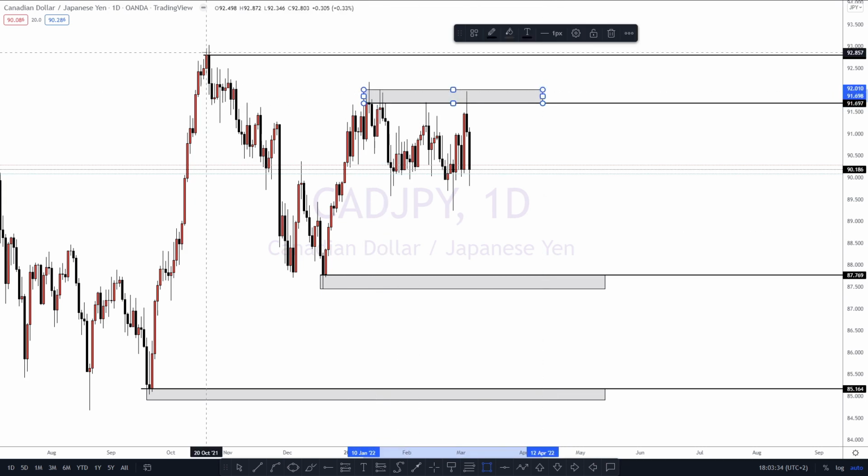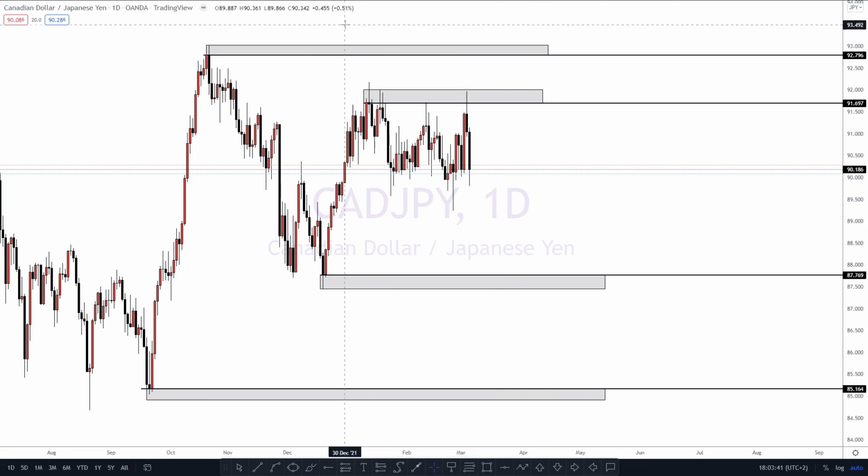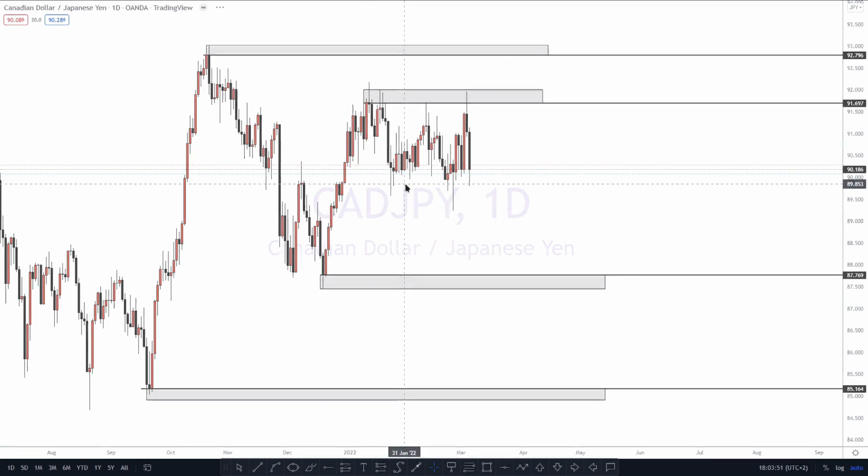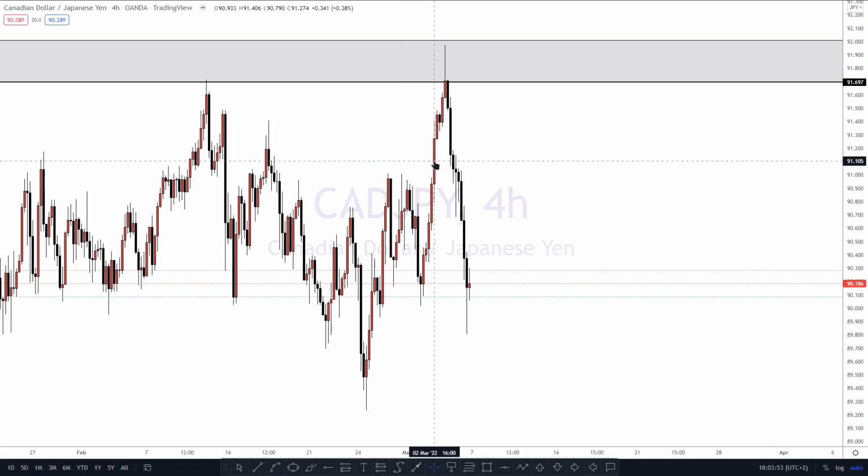But to a certain extent, the more a level is rejected, it could also be telling us it is a bit weak. But then you will see as time goes how that works out.